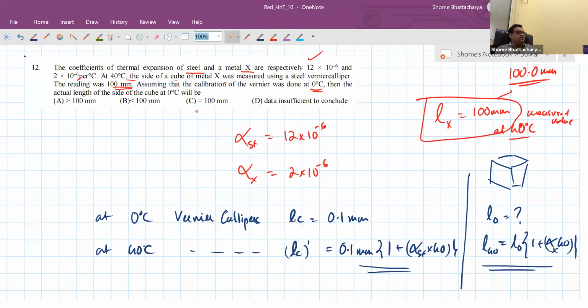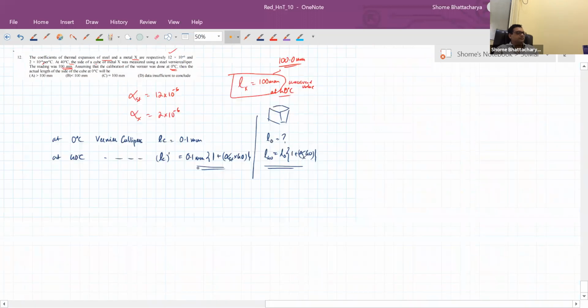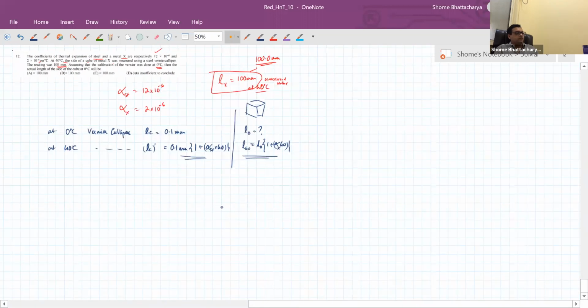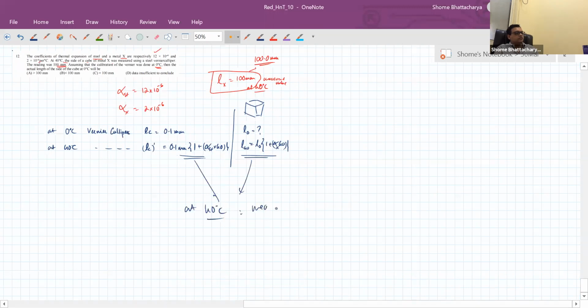So what is the measured value? It is the true value divided by the least count. So at 40 degrees C, the measured value of L is the true value divided by the least count, which is a changed value over here. So the true value is L naught into 1 plus alpha of metal X into 40. But the least count is 0.1 mm into 1 plus alpha of steel into 40.